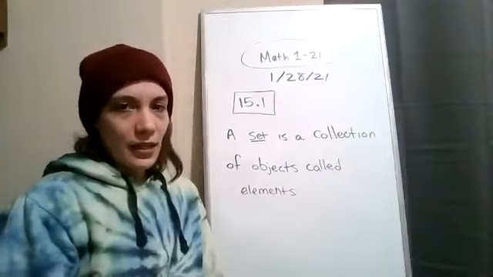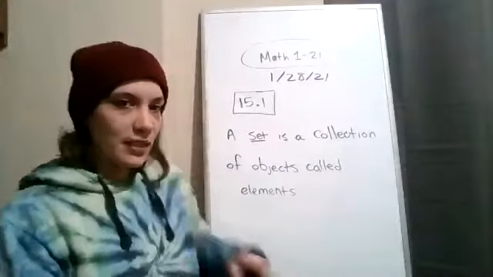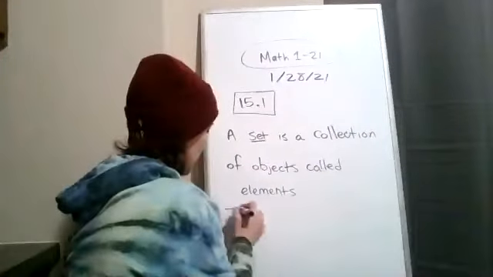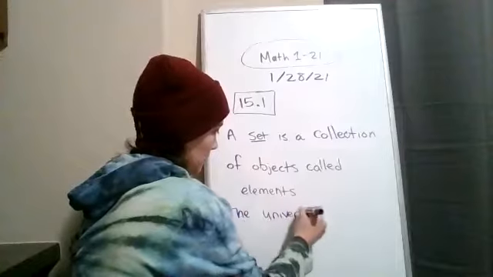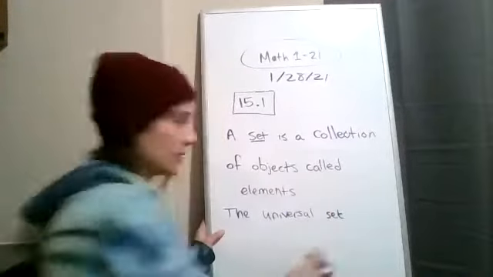Let's start with the universal set, which is the set of all elements under consideration. We're going to call it U.